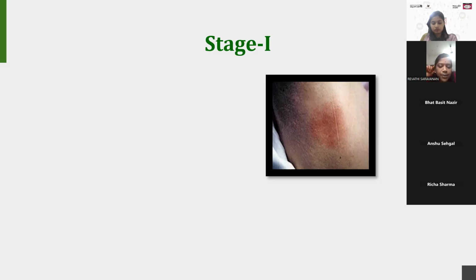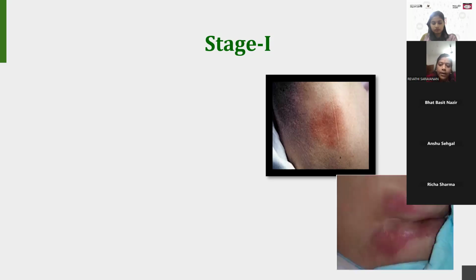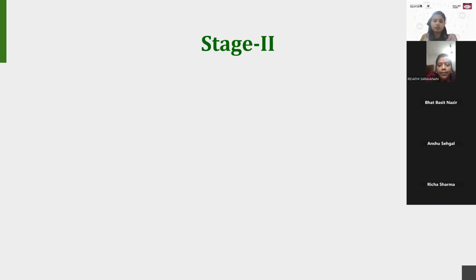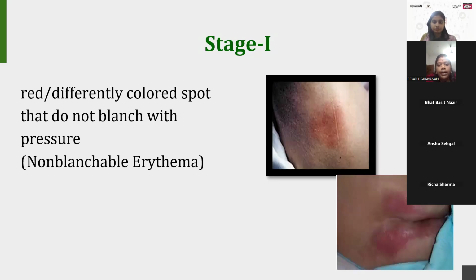Then next picture, please. So red, ma'am, stage 1. A red or differently colored spot that does not blanch with pressure. It is called non-blanchable erythema. We often leave it just like that. The patient will say, I was scratching, a mosquito bite happened, some ant bit me, so I got itching, I scratched, and I got this erythema.